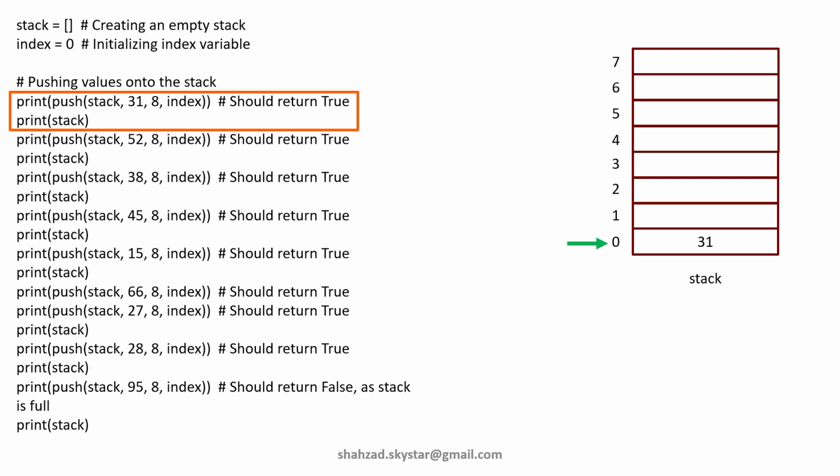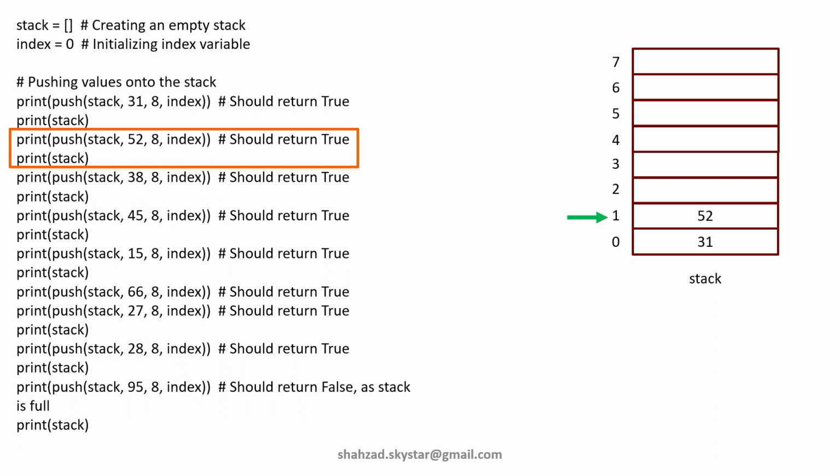I am passing 4 parameters. First one is stack, second one is the value, third one is the capacity, and fourth one is the index. Stack is our data storage, 31 is the value, 8 is the capacity of this stack, and index is the pointing value, where it will insert the value.